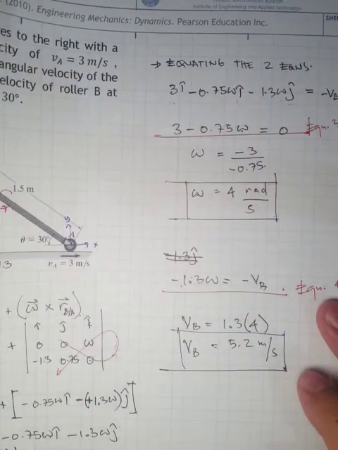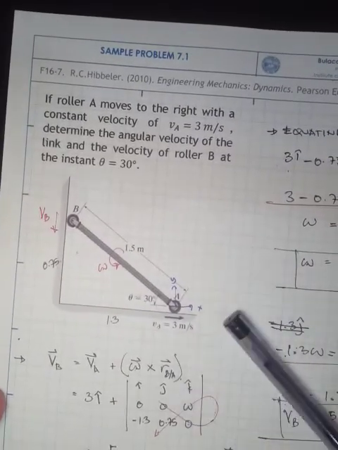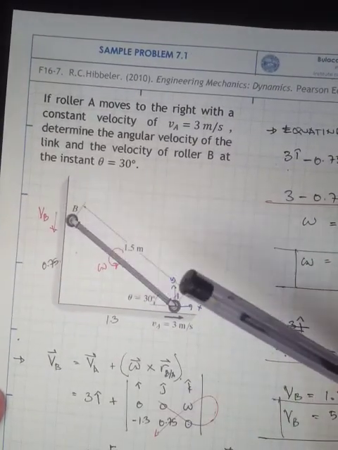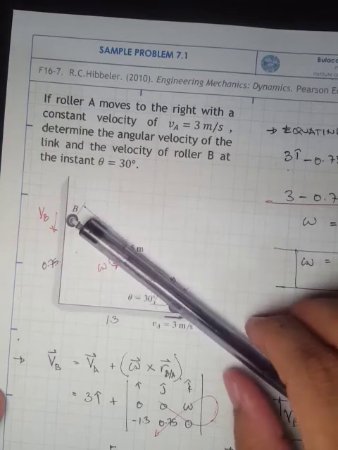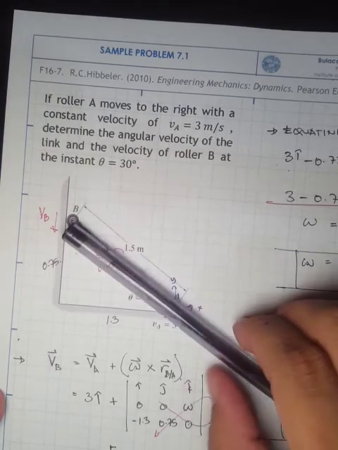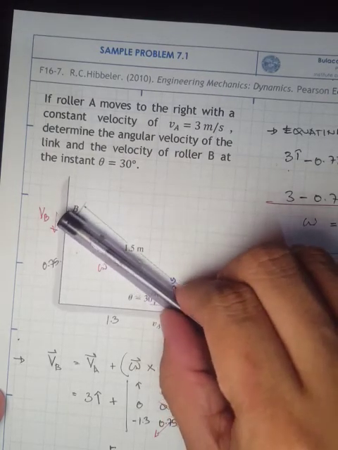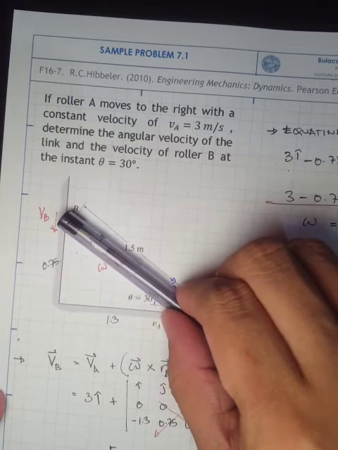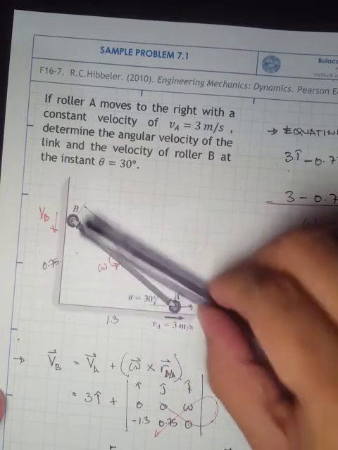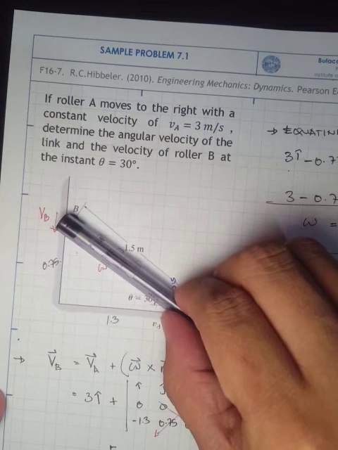Alright. Okay, so to review what we did. So here's our problem. There are rollers on both ends of the links. We have A and B. And if this point A goes to the right, then what will happen to point B?